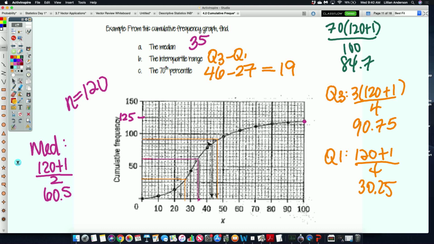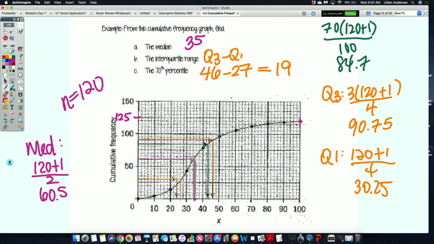It's where I need to go to find it. So 5, 10, 85. So pretty much right at 85. See where it hits the curve. Drop down that perpendicular line. 42. I'll say about 43.